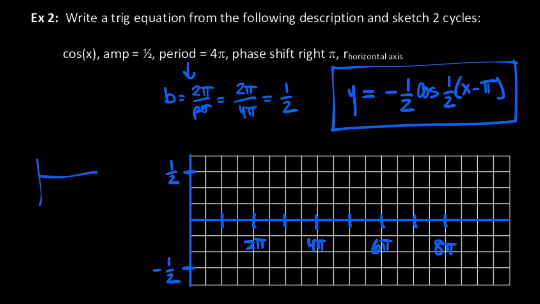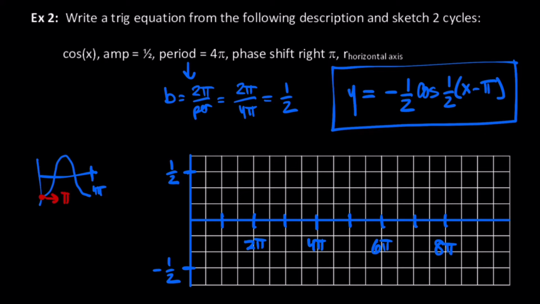It's a negative cosine. All right, so if I think negative cosine, it looks like this. But we are shifting it right pi. So first of all, let me talk about the period. What is the length of one cycle? 4 pi. And then with my phase shift, I'm going to take this and move it right pi.